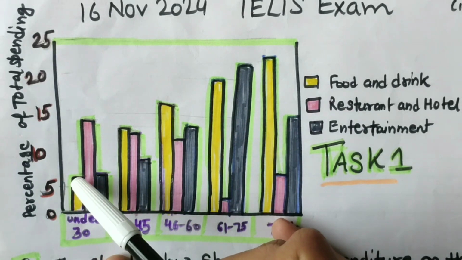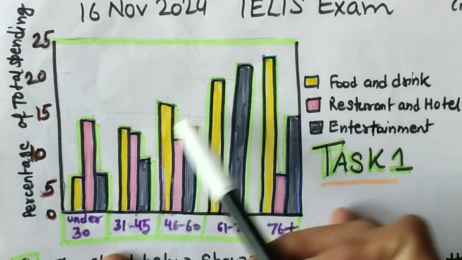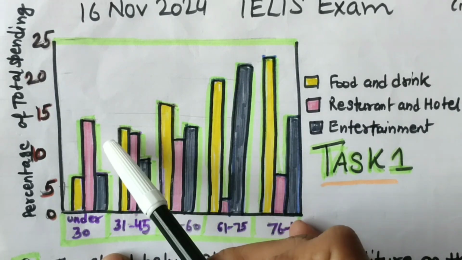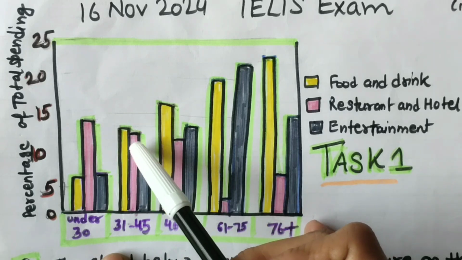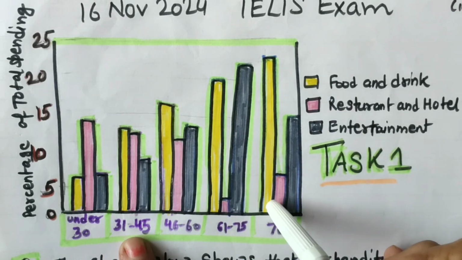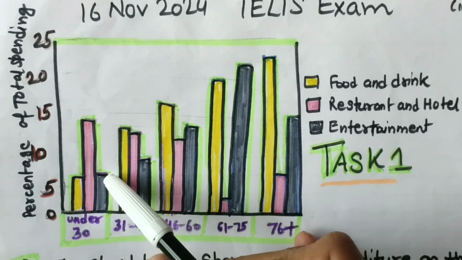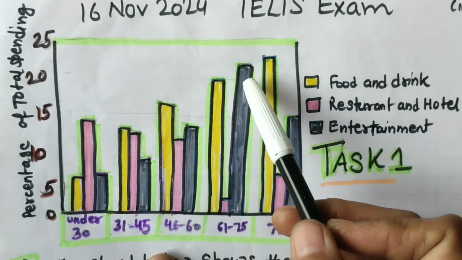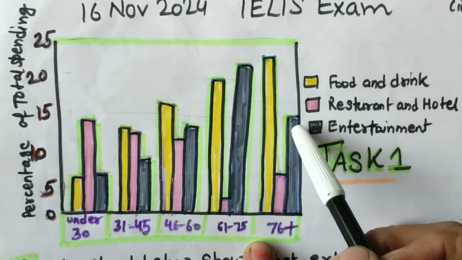From here to here and here, this is going up only, and this line is just following a downward trend, meaning there is a decrease in usage of restaurants and hotels at the highest age. And this gray one is also going up, and finally in the final age group it dropped down.